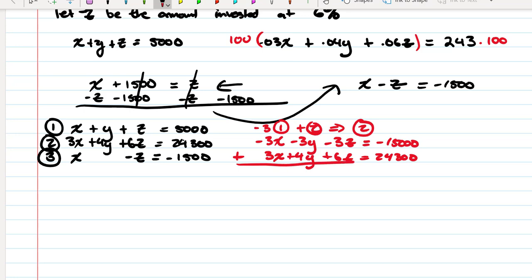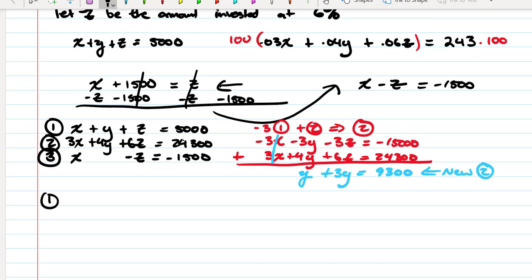And we add these together. Our x's eliminate as they should. Negative 3y plus 4y is y. Negative 3z plus positive 6z is 3z. And negative 15,000 plus 24,300 gives us 9,300. And that's going to be my new equation 2.